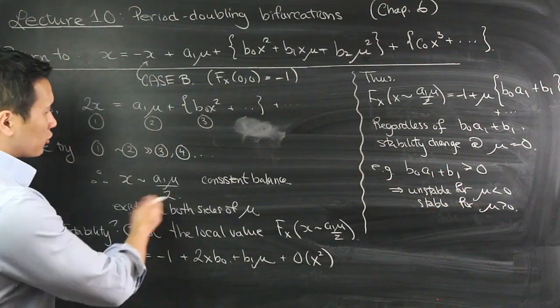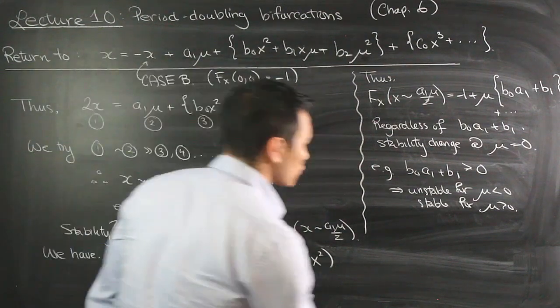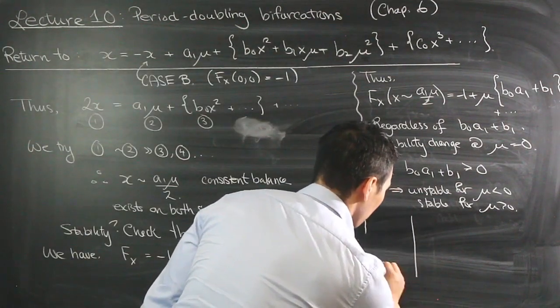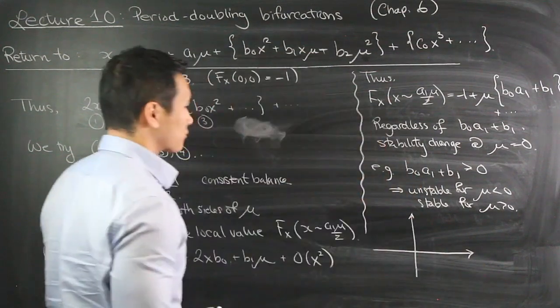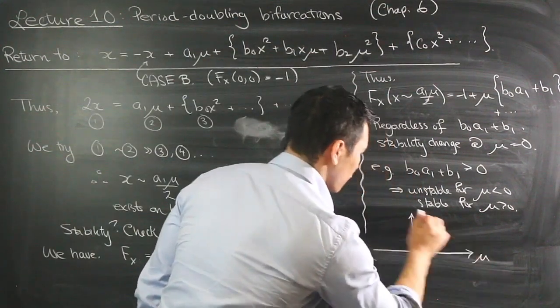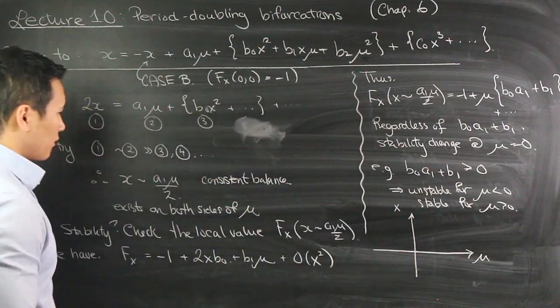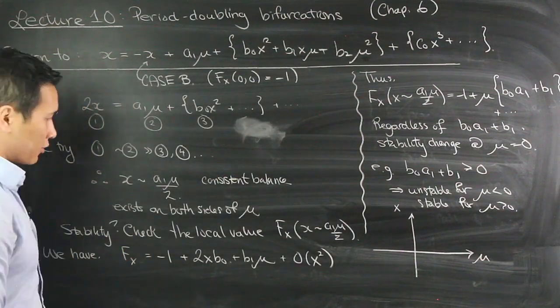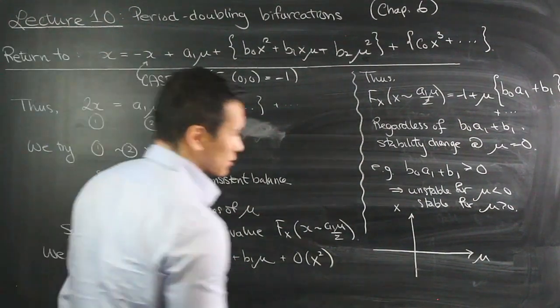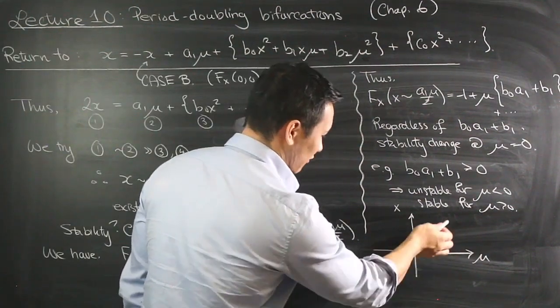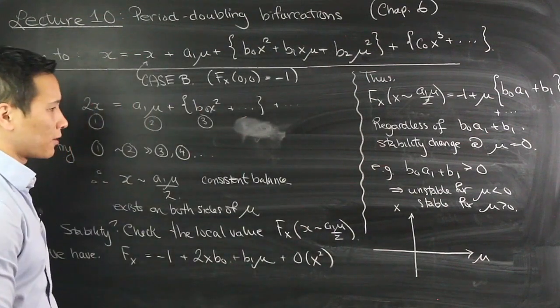Okay, so what have you concluded? Well, you've concluded that the picture has to look like this. If this is mu here, this is x here, the fixed point has to be a line through the origin, and it's going to be a line of gradient a1 over 2, whatever that number is. So suppose that number is positive, so you have a line of positive gradient.